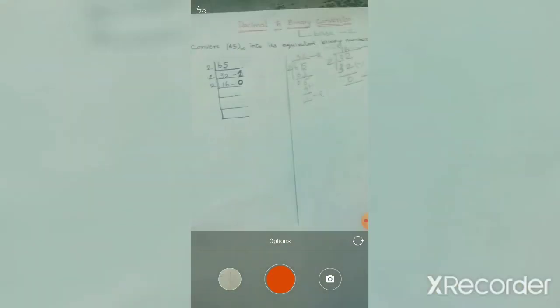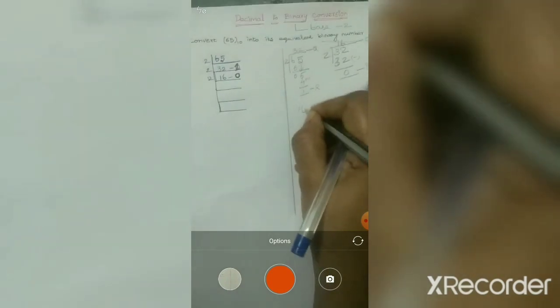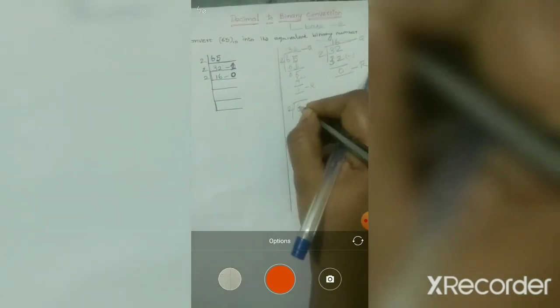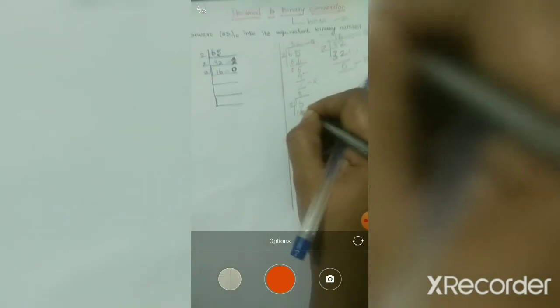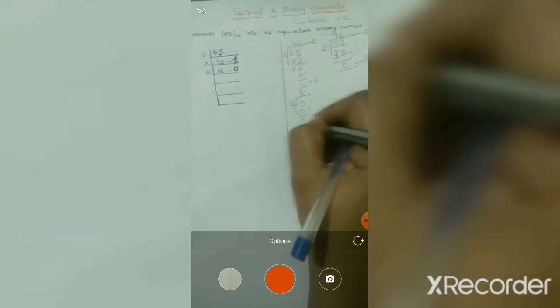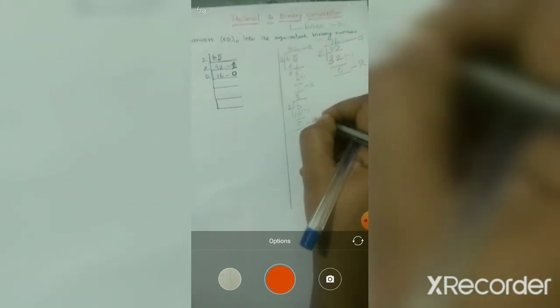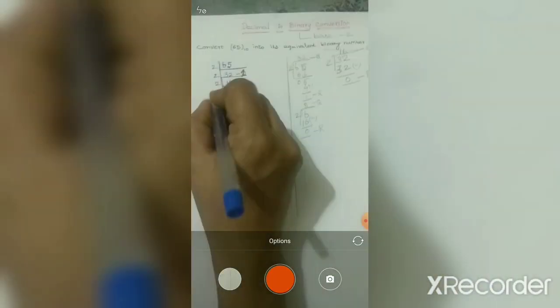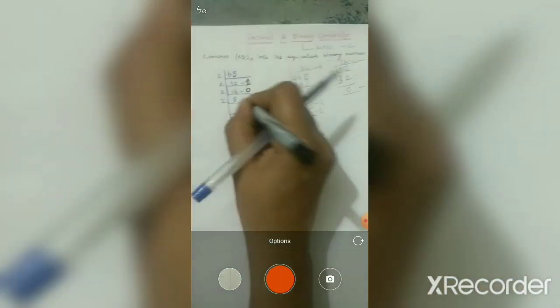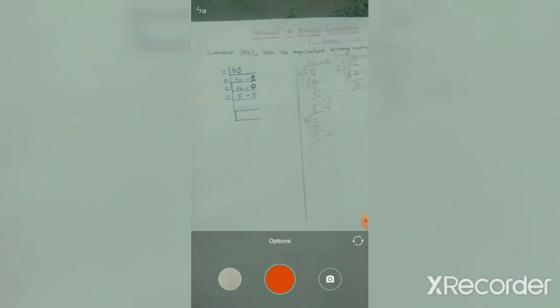Next, 16 divided by 2. 8 2s are 16. 16 minus 16 is 0. What is the remainder? 0. Quotient is 8. Remainder is 0.